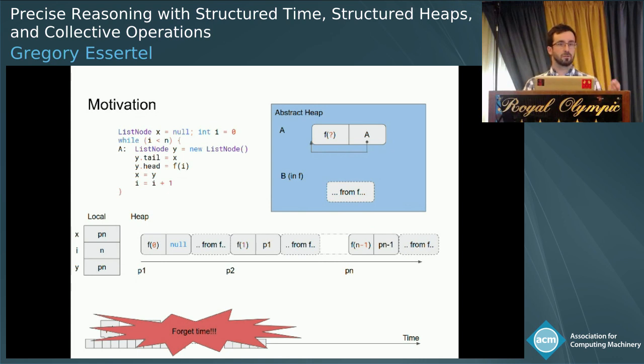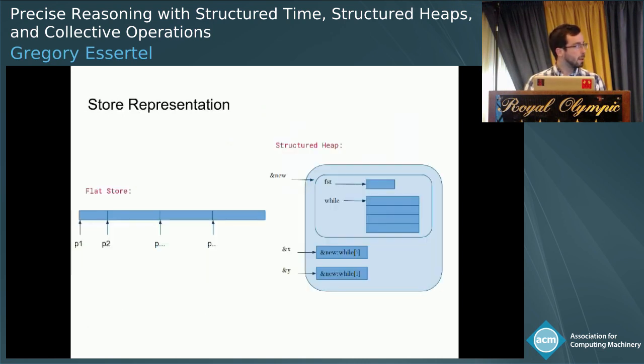We lost the information that at each iteration in the loop, we had a new allocation. We see the store as a flat array, whereas we claim that we should see it as a structured heap. The heap was built following the structure of the program, and in the while loop, for example, it's like we allocate a new array at each iteration.